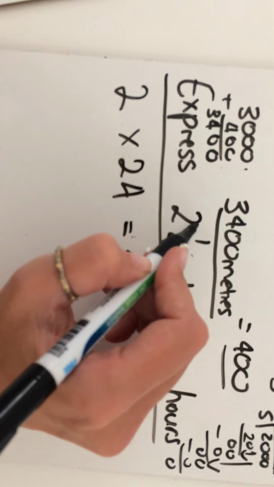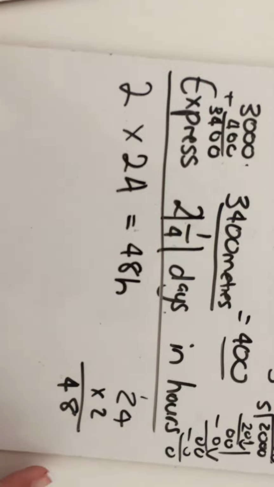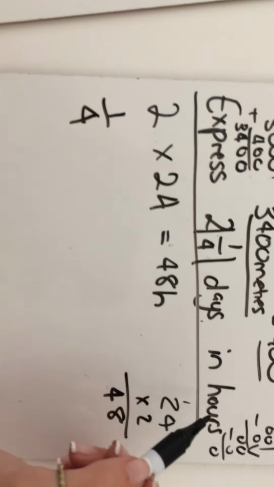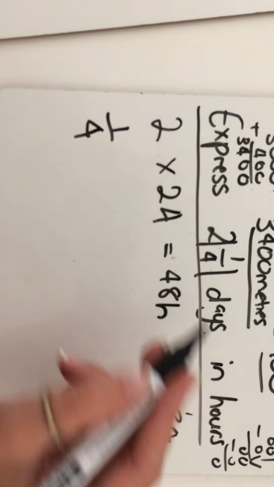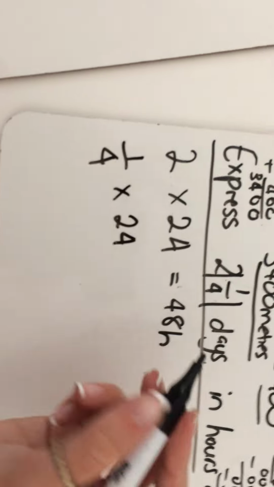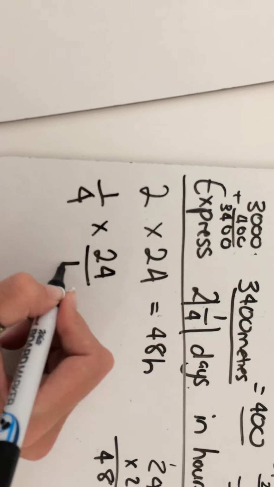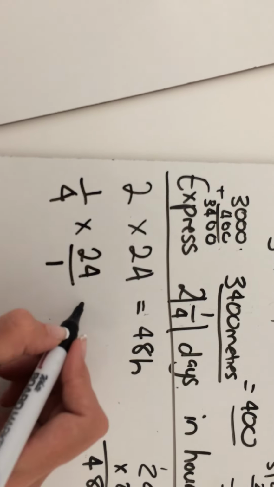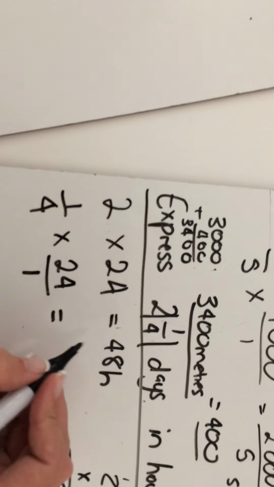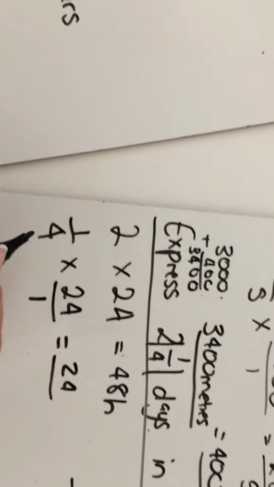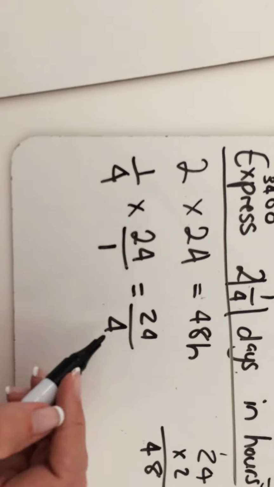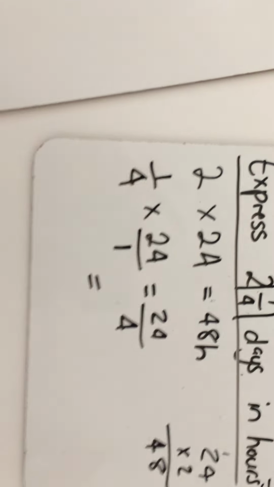But I'm not done because I still have my 1/4 days. I want to find out 1/4 of a day in hours, and there are 24 hours in a day. So I say 1/4 multiplied by 24. The first step when multiplying is to write 24/1, which gives 1 times 24 is 24, and 4 times 1 is 4. 24/4, I cannot leave like that because it's an improper fraction.